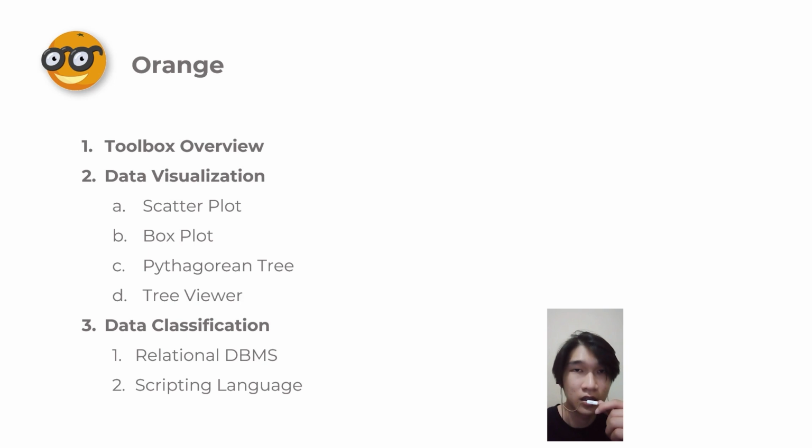It's just like that, and then the scripting language. It is the data classification that uses R, Python, and Perl scripting languages, which are used for large-scale data analysis. That's all about Orange.